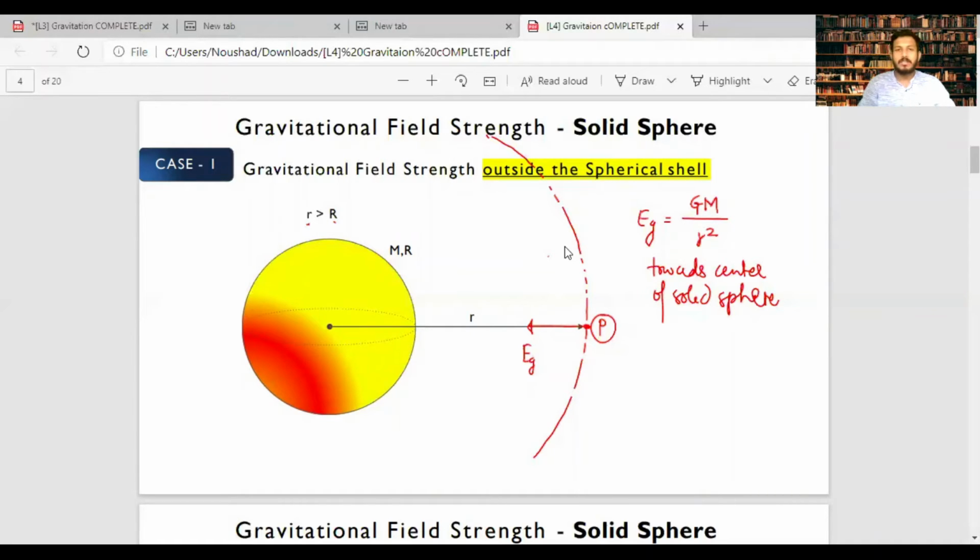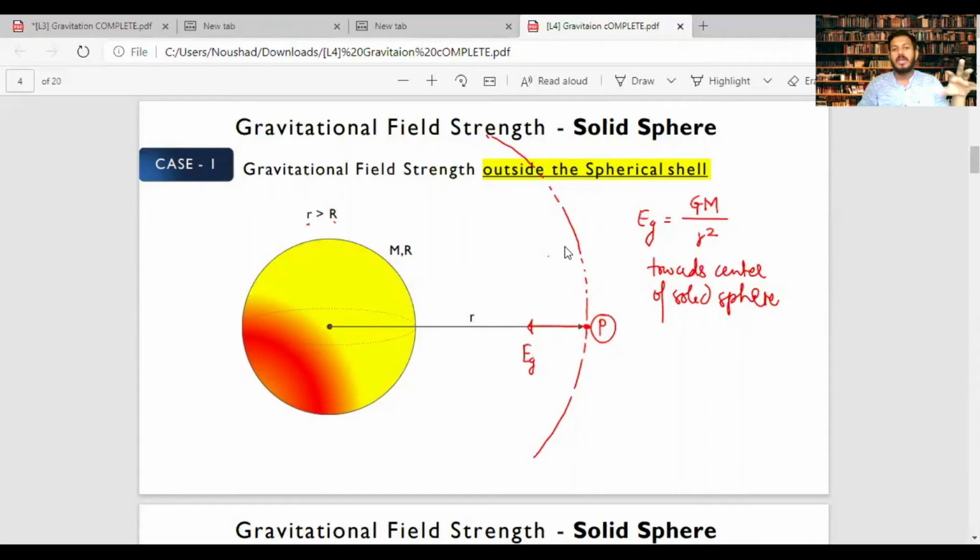In electrostatics, in plus 2, we have studied electric field strength on different objects: plane sheet, solid sphere, hollow sphere, metal sheet, infinite long straight conductor.